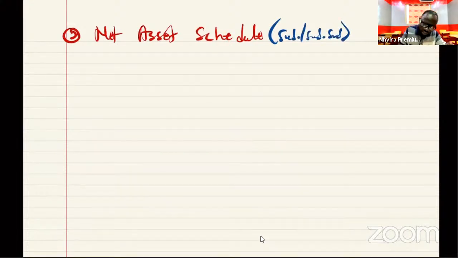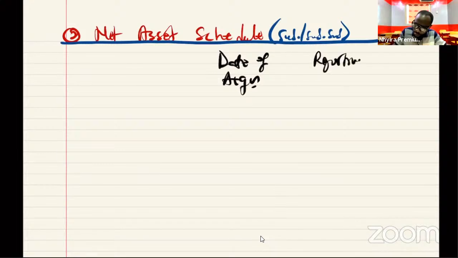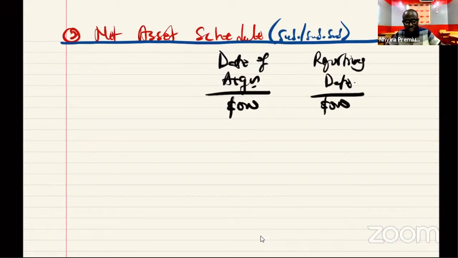Nothing about the parent will appear here. It is solely for the subsidiary, and the subsidiaries if we have more than one. So I'm going to pull up date of acquisition here. Then I'm going to pull up the reporting date here. So I'm going to work with two cash columns. Bring in my currency signs in that case.